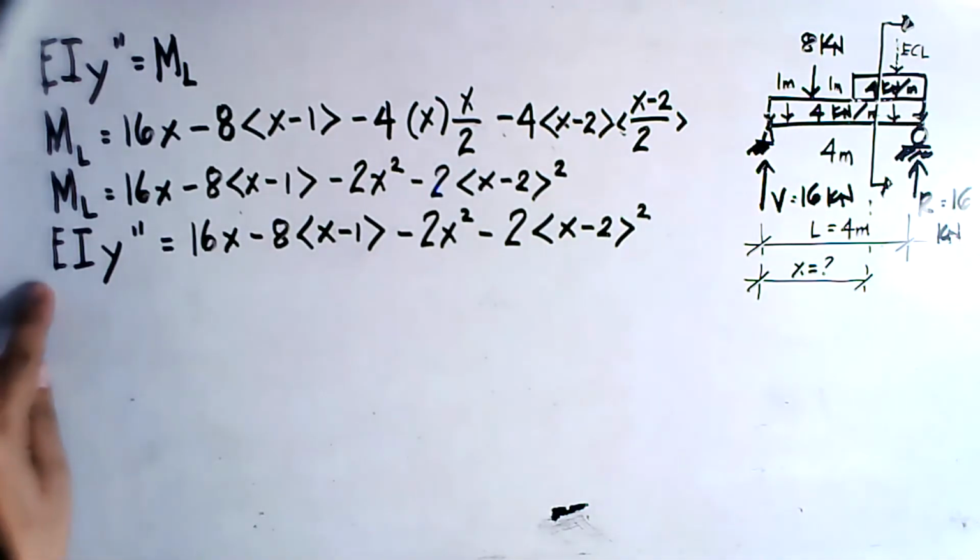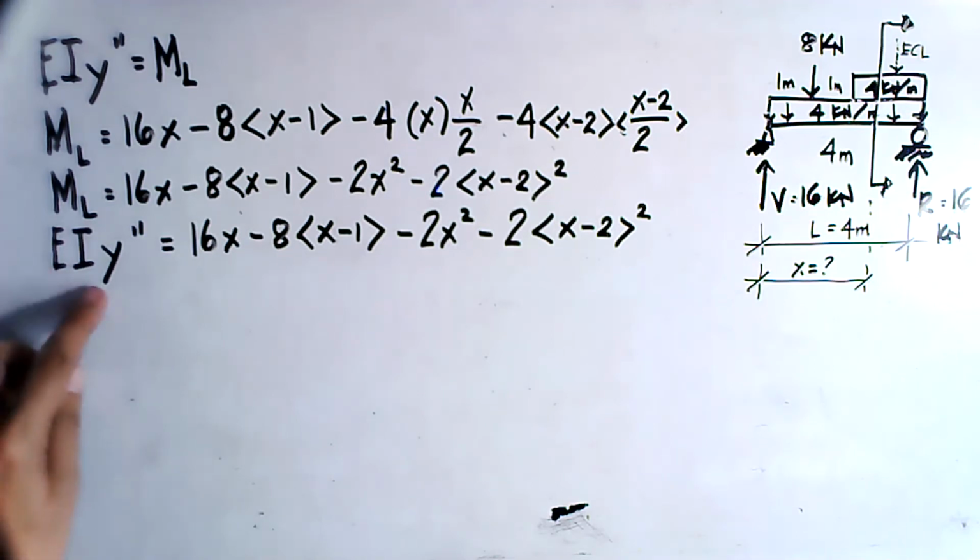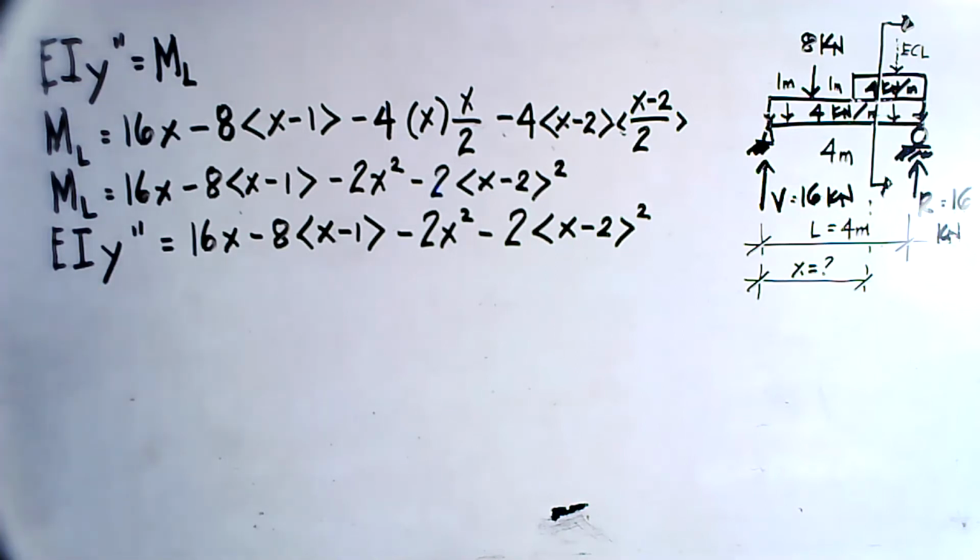So this will be our moment equation. The value of the modulus of elasticity is dependent on the kind of material that you're going to use for the beam, while the value of the moment of inertia is dependent on the cross-sectional shape of your beam. So we are going to integrate this equation.